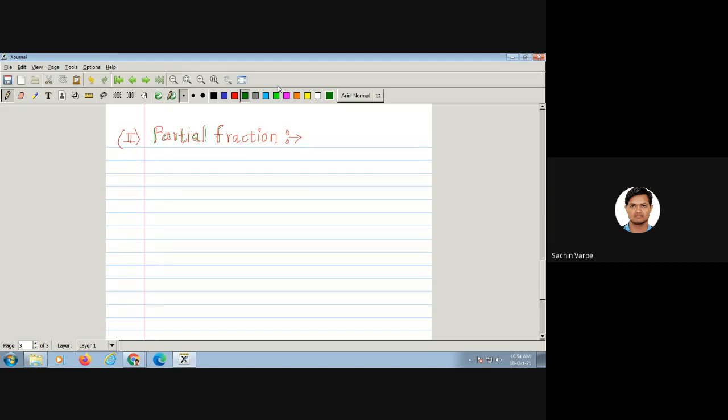That is, degree of numerator must be greater or less. He says the power of denominator must be greater. Anybody want to add? That is, he's right. The power of numerator must be less than the power of denominator. That is, power of denominator must be greater than.